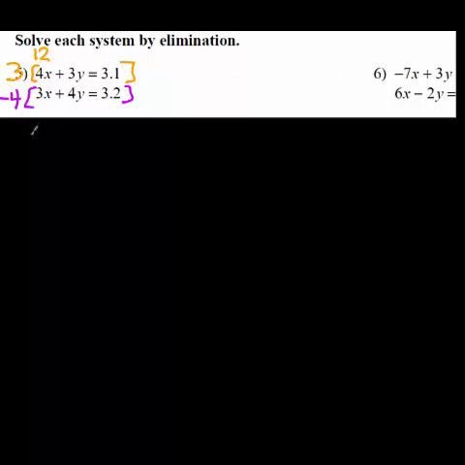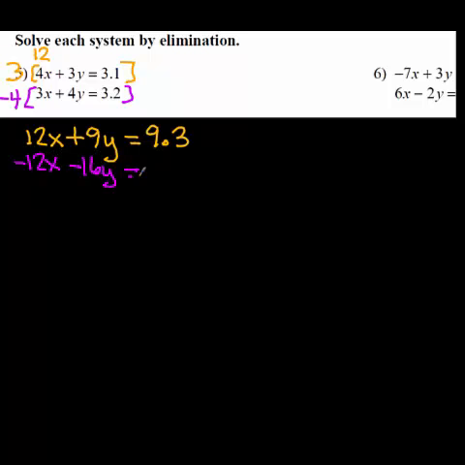Multiplying the top by positive 3 gives me 12x plus 9y equals 9.3. And multiplying the bottom gives me negative 12x, negative 16y, equals negative 12.8.